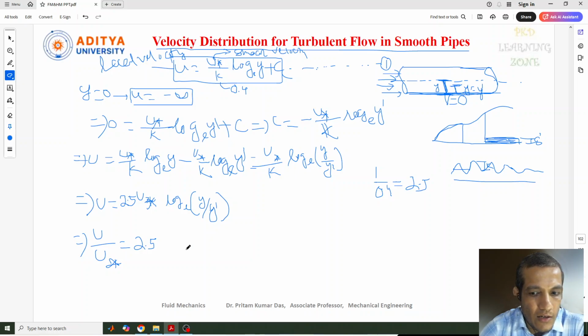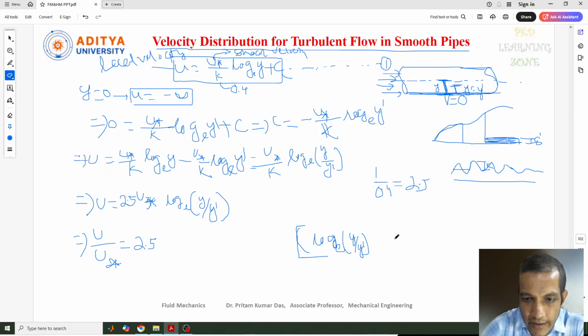So log e of y by y dash we can write as 2.3 log 10 y by y dash.